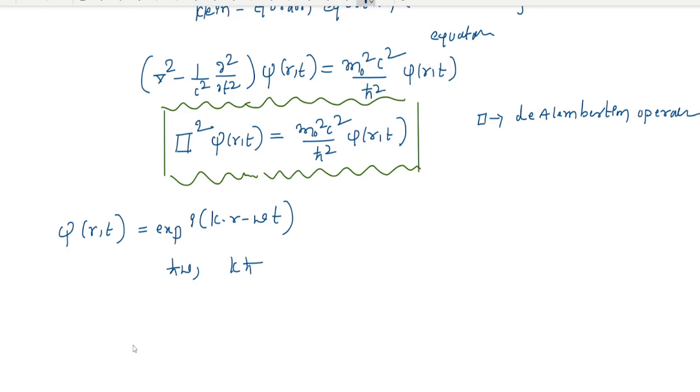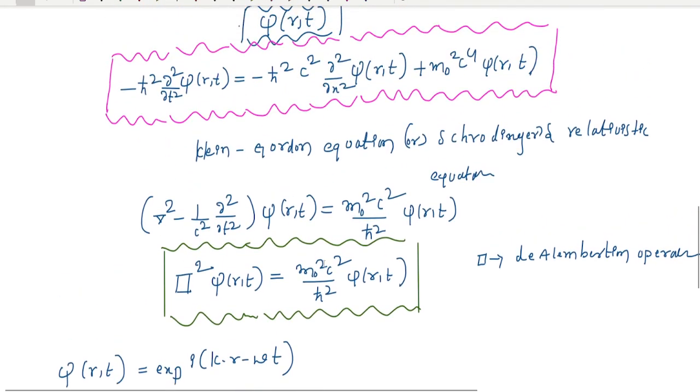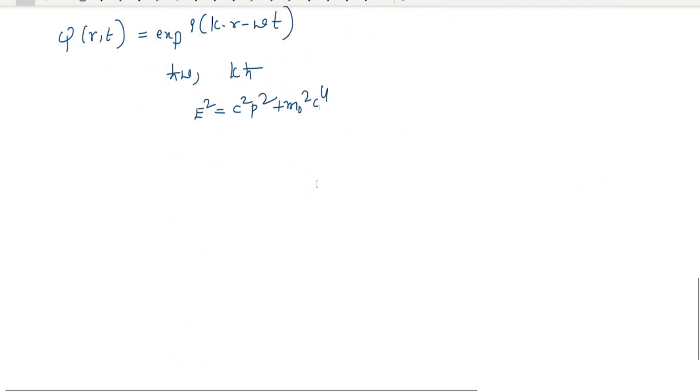So therefore, we are going to rearrange this equation again: E square equal to c square p square plus m naught square c power 4. This is the relativistic energy and momentum relation. So just use this information in the eigenvalue equation. Let us try to find some points here.